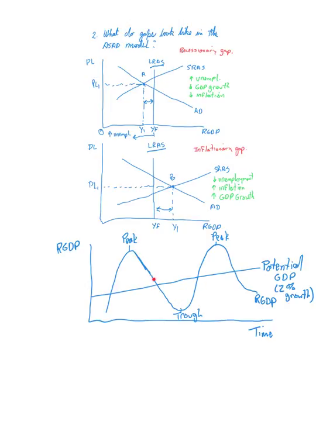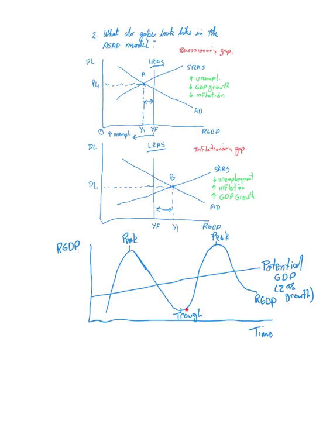As we go from peak toward trough, we end up in a recession. And it's particularly bad when we get below the potential GDP. So in this area down here is where we're going to see recessionary gaps. Now, they could be forming as we go from peak back to potential GDP, along this stretch, but they're going to really develop and take off when we're in the trough.